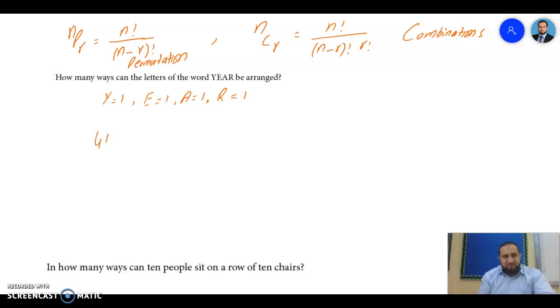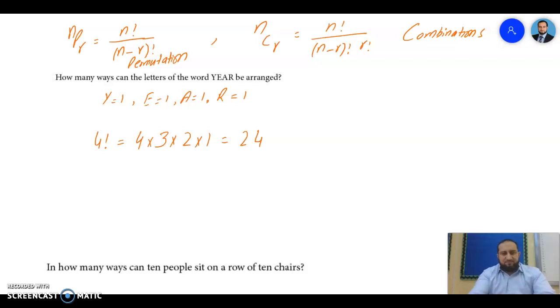There are 4 letters, so 4 factorial. Choosing the first letter, we have 4 possibilities, then 3, then 2, then 1. So 4 times 3 is 12, 12 times 2 is 24.